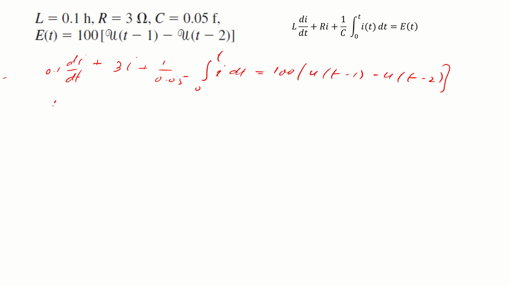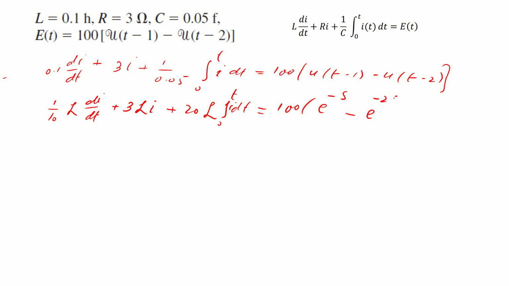So again this is what? This is 1 by 10 Laplace of di by dt, plus 3 times Laplace of I, plus 1 by 0.05, that is 20, and Laplace of integral from 0 to t of I dt, is equal to 100, and Laplace of u(t minus 1) will be e power minus s divided by s, minus e power minus 2s divided by s.